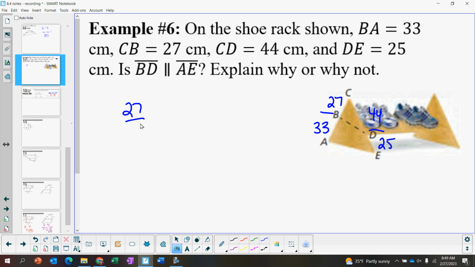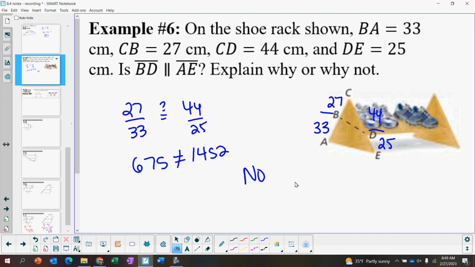If I put 27 over 33 with 44 over 25, 27 times 25 is 675. 33 times 44 is 1452. That's a big old not equal. So no. And our work is our justification for why or why not.